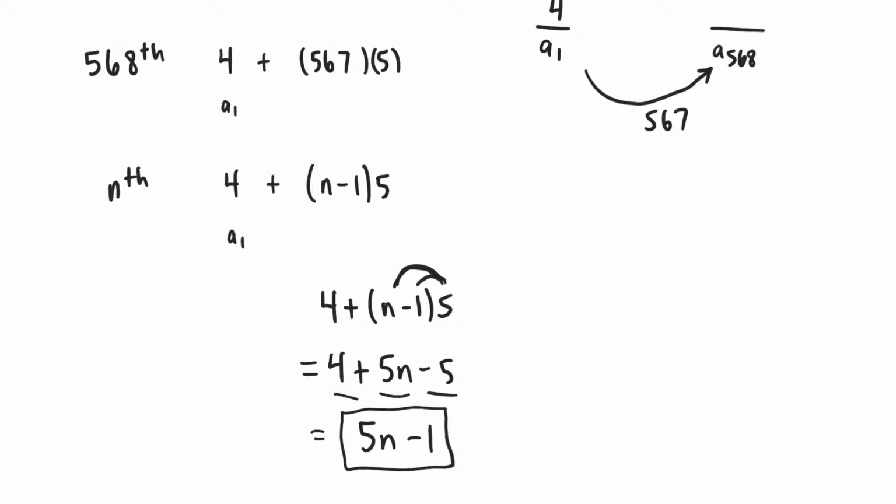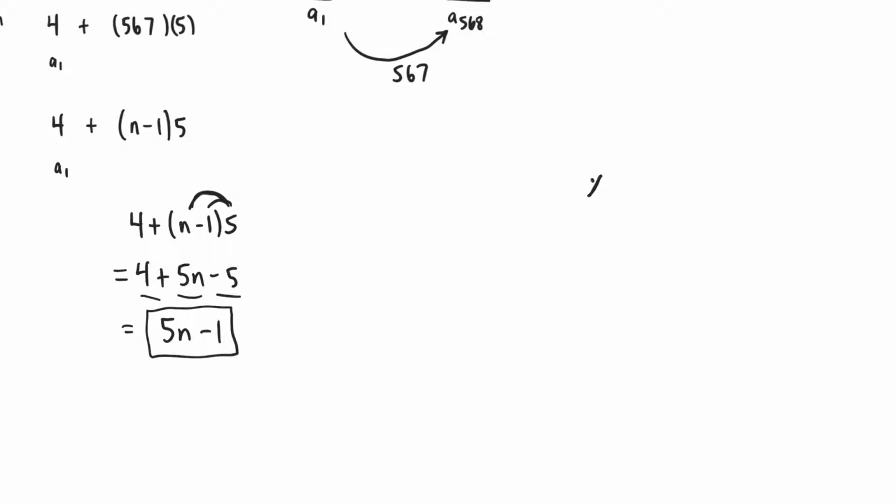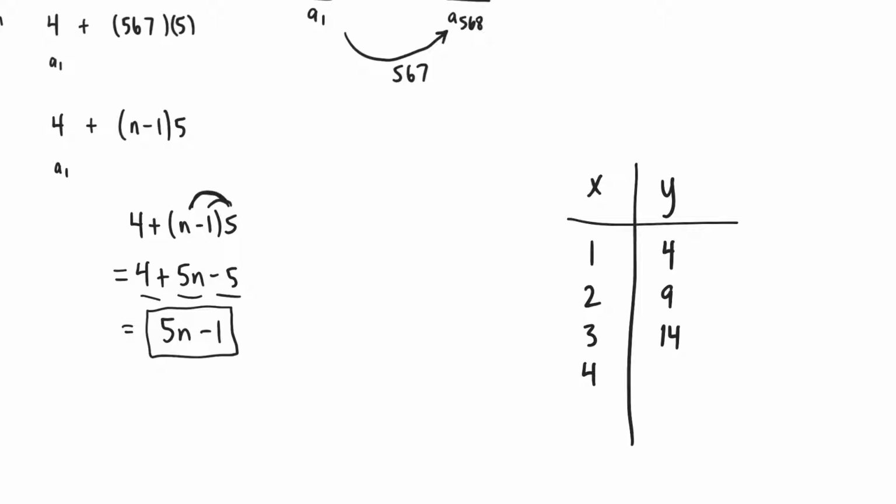The other way you can do this is to set up a table of x and y values, where x is the number of the term that you're on. The first term was 4, the second term was 9, the third term was 14, the fourth term was 19, and so on. The 412th term was 2,059.